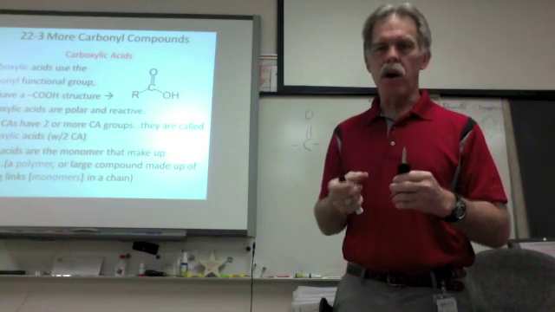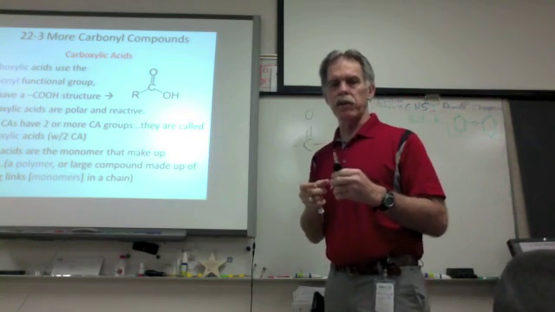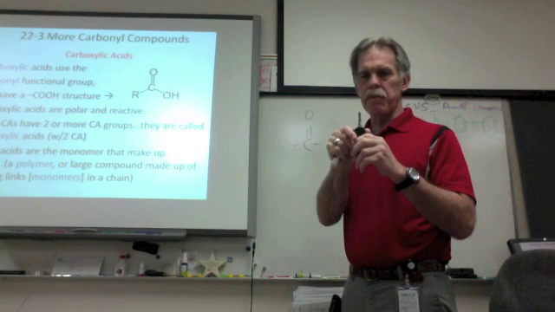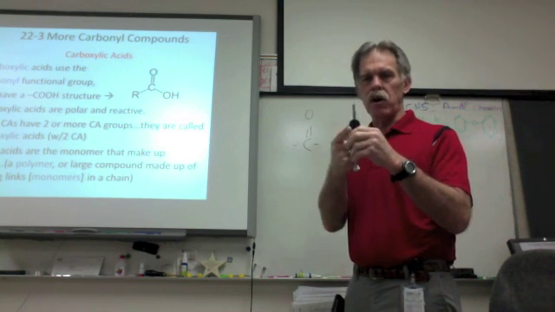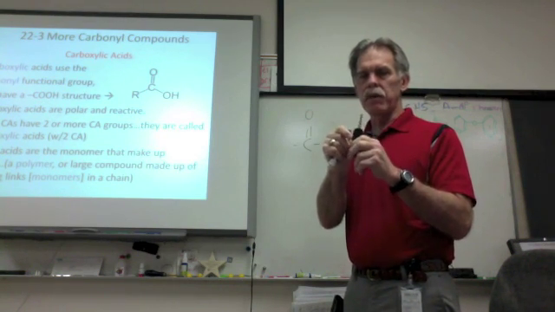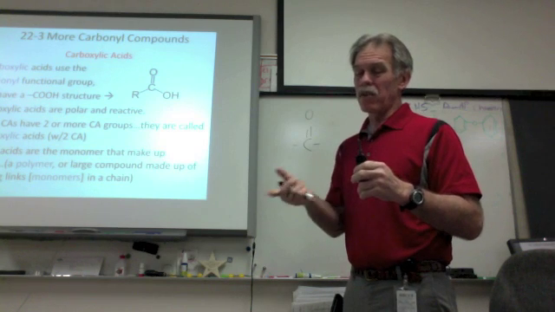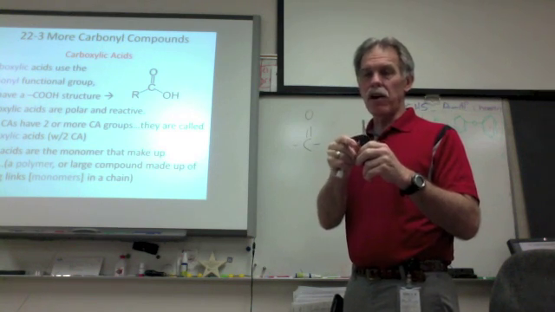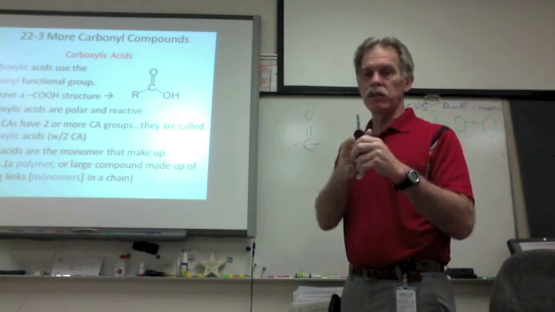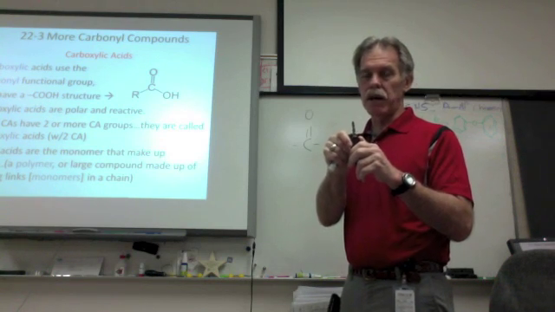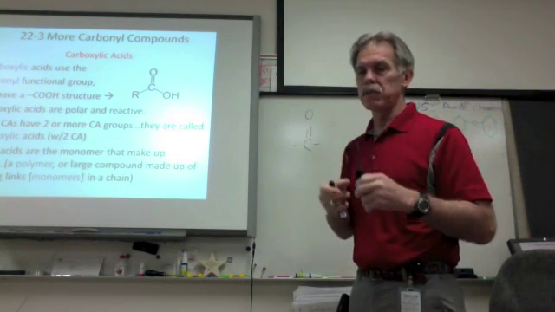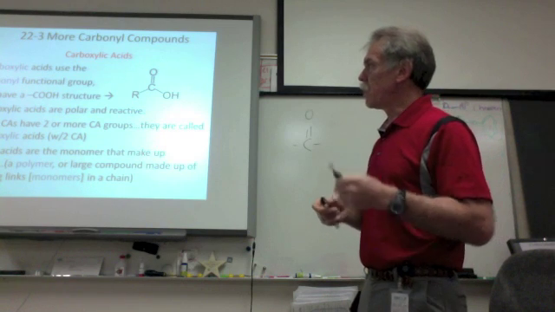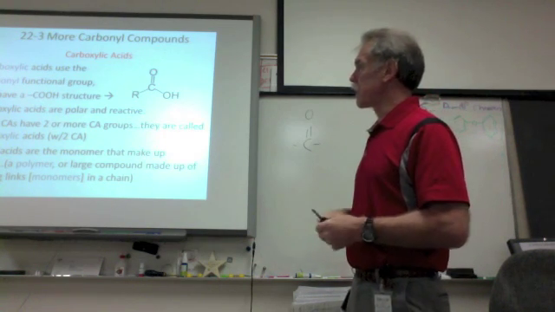They're not really always totally equal. They might be different, but keep in mind just the general model has an R on both sides, so symmetrical. And then from there you can remember the aldehydes that aren't. They have an H on one side, and maybe an H on both sides, but they have at least an H on one side. And so we're going to move on and talk about carboxylic acids.